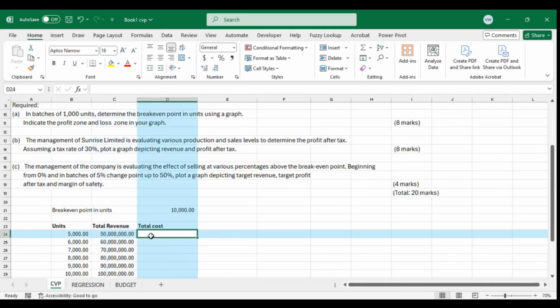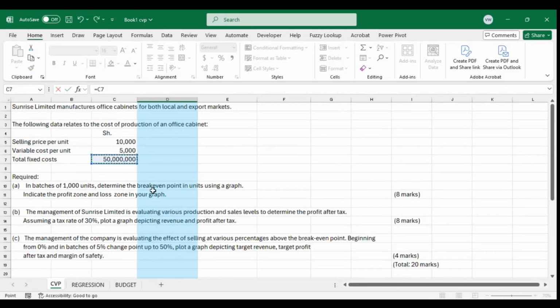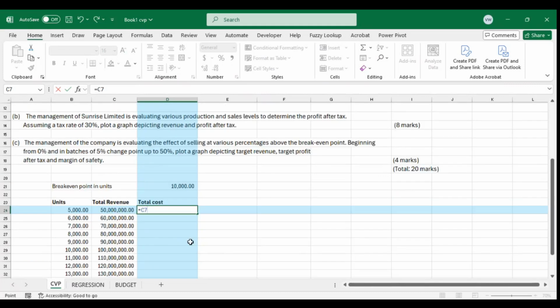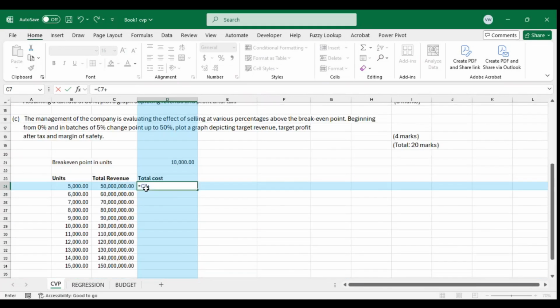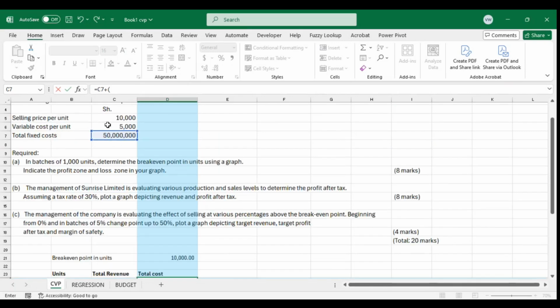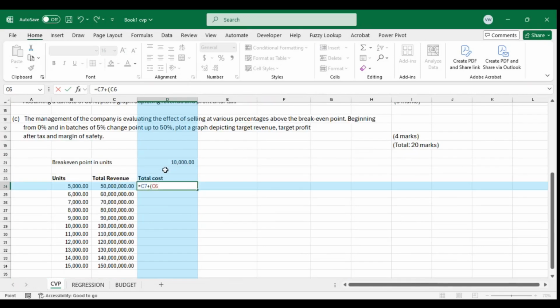So if I want to get the total cost, I'll say equals the fixed cost, which is 50 million, plus the unit variable cost. So let me use brackets so that it becomes easy. I will say open bracket the unit variable cost of 5,000, multiplied by the number of units, which in this case is 5,000.